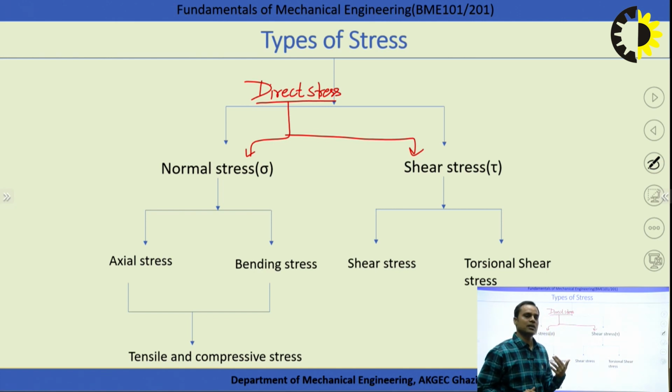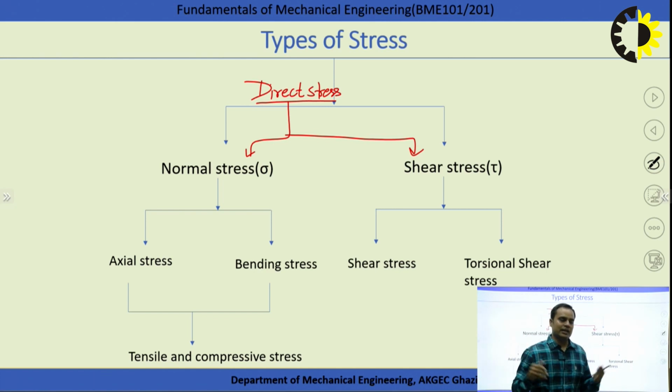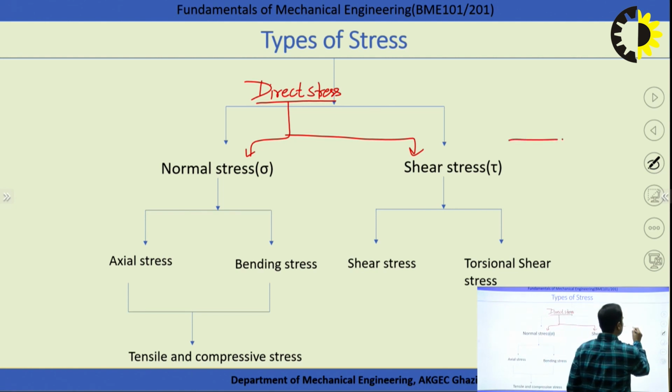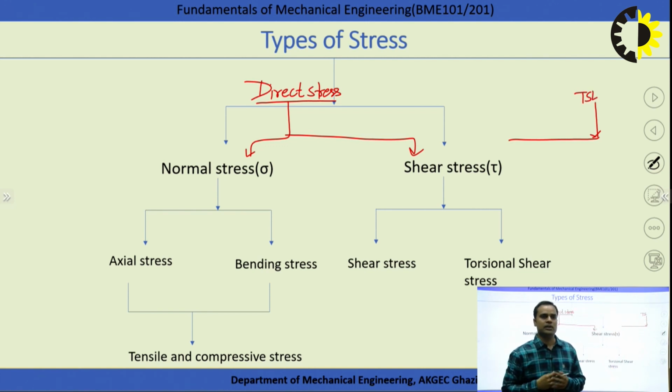Indirect stress is something like when I apply a load on the beam, a TSL, a transverse shear load. If I am applying a transverse shear load over the beam, what will happen? It will cause bending, right? So this bending and twisting, like the bending stress and the torsional shear stress, are not direct stresses.